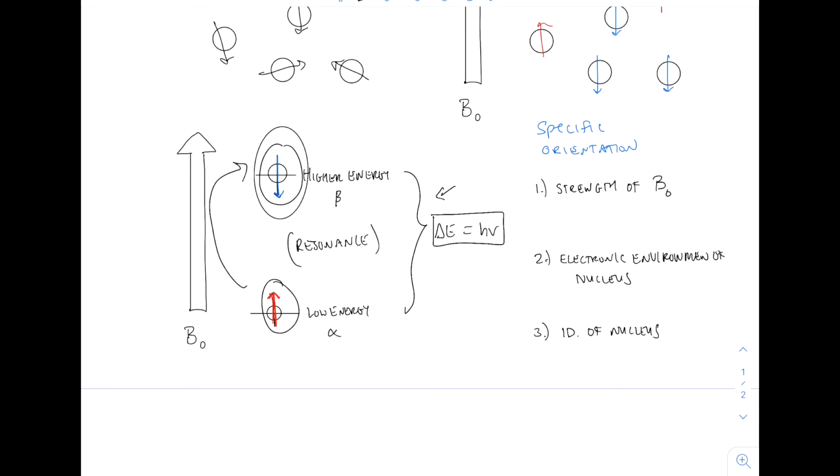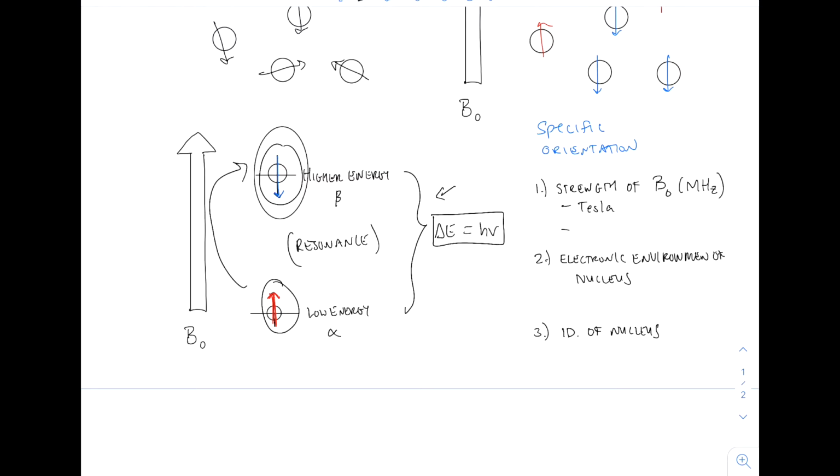Okay, so the strength of the magnetic field, first of all, usually we're talking about the frequency of the energy that causes the resonance. That frequency is discussed in terms of megahertz, and the field strength is measured in Tesla.